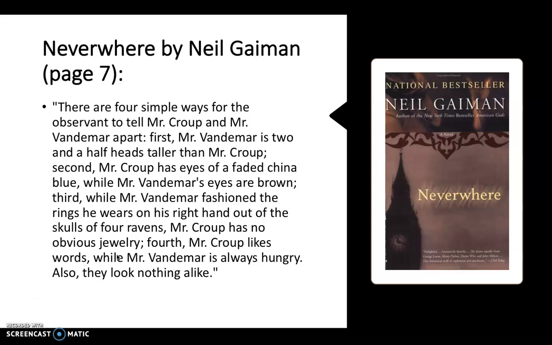So we start with those really physical descriptions, right? One of them's taller than the other. One of them has somewhat poetically described eyes, the other one has brown eyes. And then we start getting these little personality quirks, right? Mr. Vandemar fashioned his rings out of the skulls of 4 ravens. That's unusual.